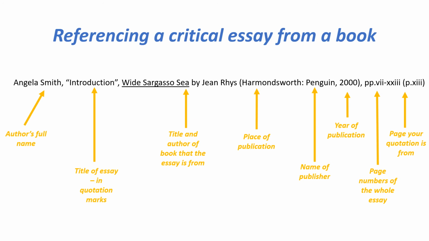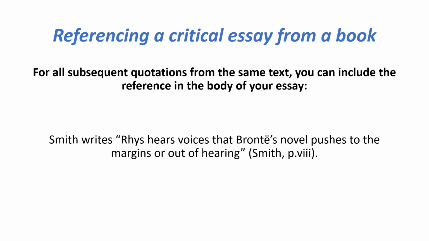So it's from page 13, that particular quotation. So it's very similar to the previous form of referencing just for the primary text, but we've added a little bit more complication because we want to acknowledge that Angela Smith is the intellectual creator of the introduction to the text.